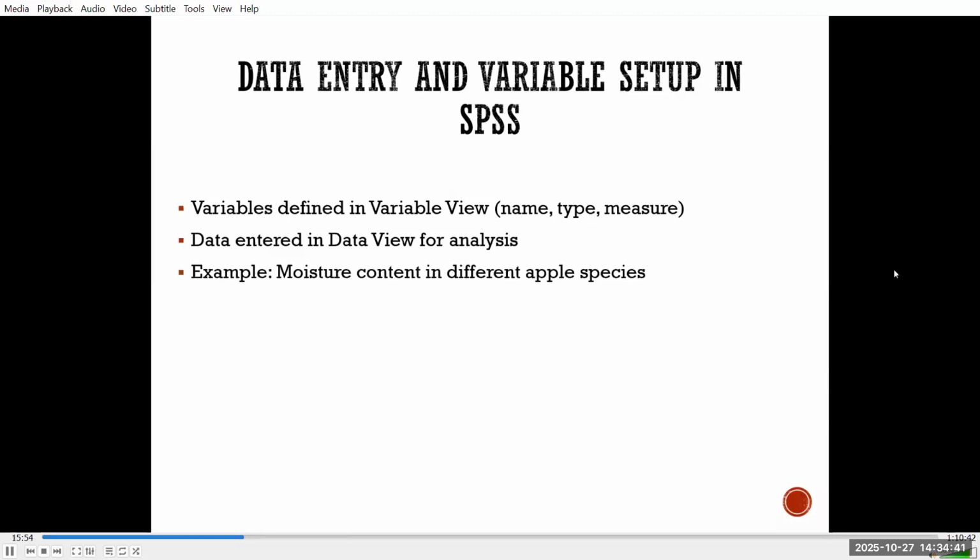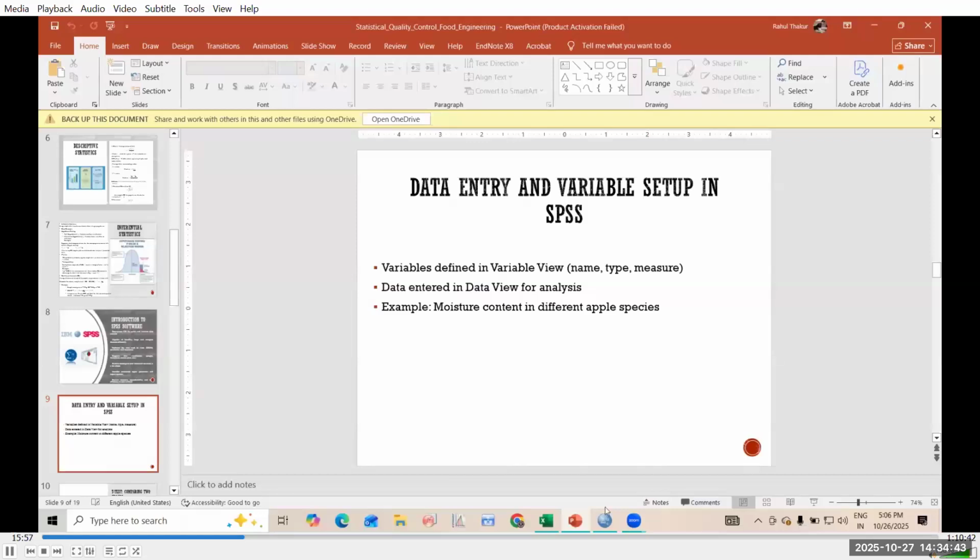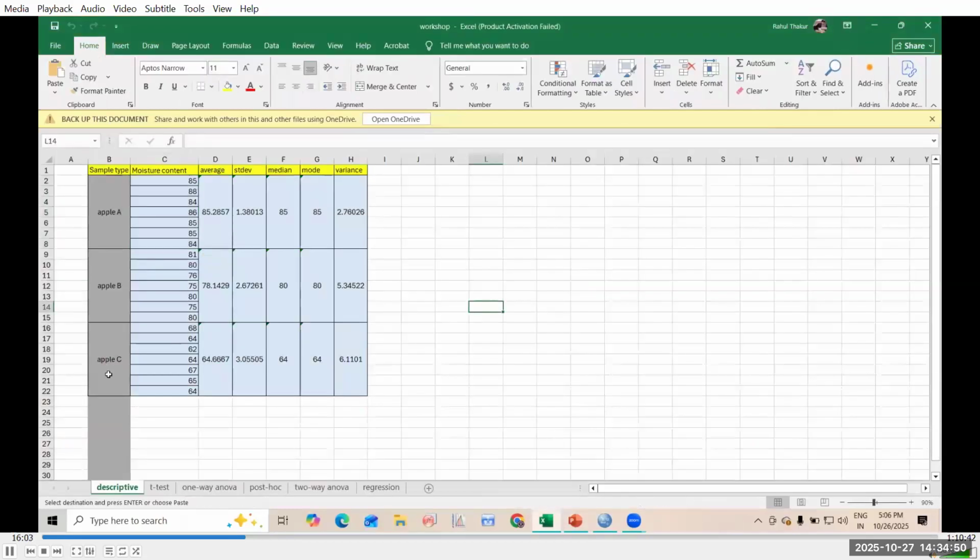Now, how to put the data into the SPSS software. Likewise, these are the three varieties of apples, and these are the different moisture content values. In SPSS, we represent each variety using numerical codes like 1, 2, 3 instead of writing the full name.